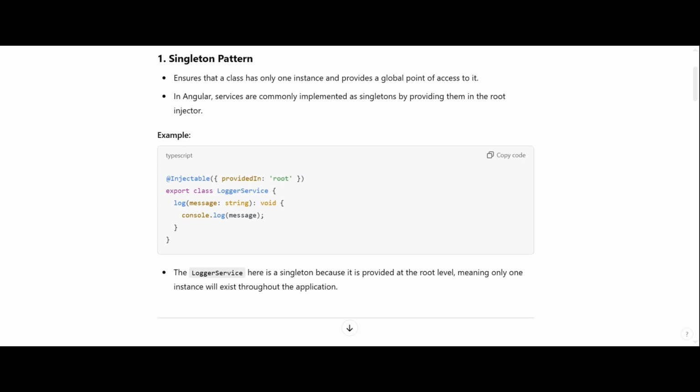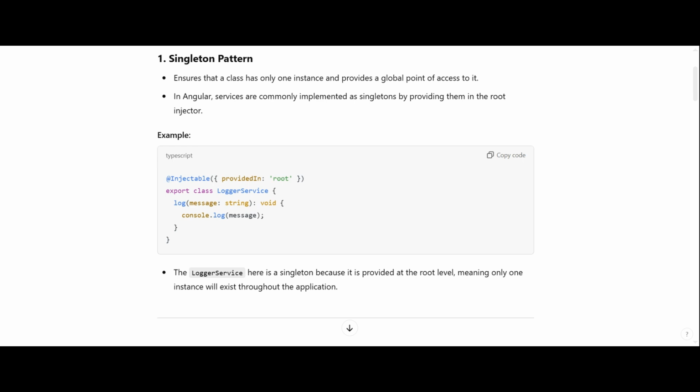This pattern ensures that a class has only one instance and provides a global point of access to it. In Angular, services are commonly implemented as singleton by providing them in the root injector.